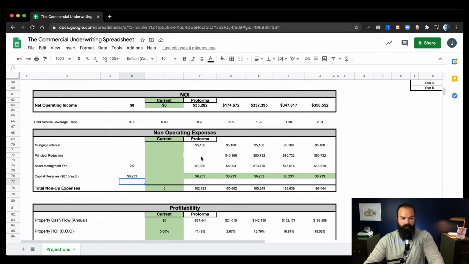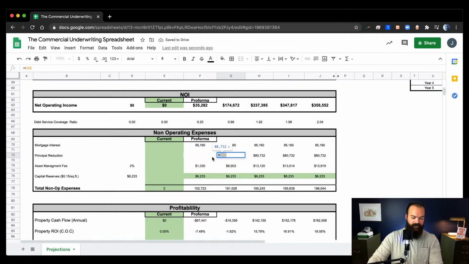Now you'll notice here on the principal reduction that it's blank the first year and it's only 50% the second year. Now I've got that set up because I'm assuming we're going to get 18 months of interest only on our payments here. Now, if you're going full term starting out, you just come in here and you delete that, and then you would look at what that is.